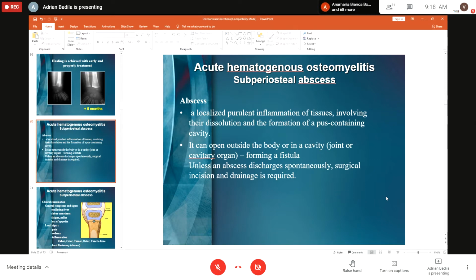If it is not treated, it can open outside the body or in a cavity, a joint cavity in our case, forming a fistula. If it doesn't discharge by itself, surgical incision and drainage is required, because without these discharges, it cannot heal.